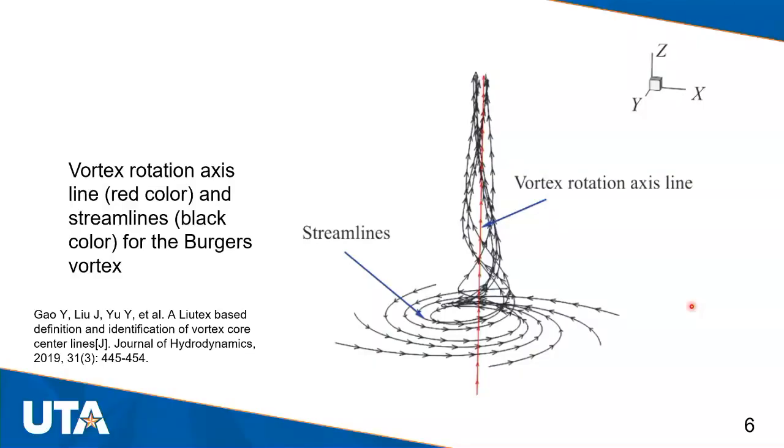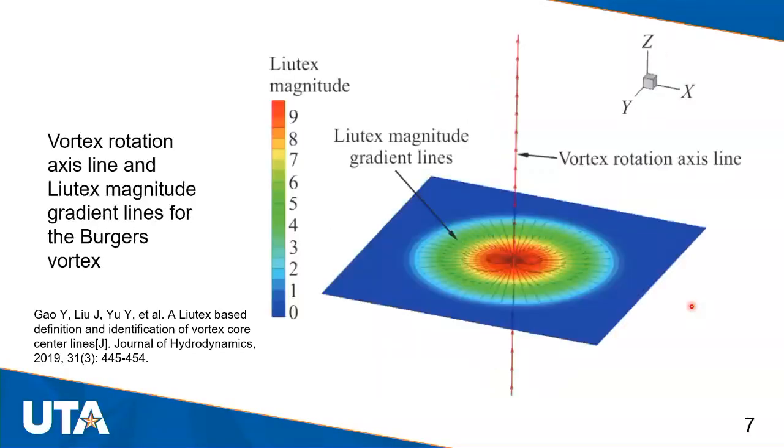You can see it is the vortex core, and this figure explains the idea. We have a vortex direction, and there is a plane perpendicular to this direction, and the point that's the local maximum inside the plane is the vortex center point, right?